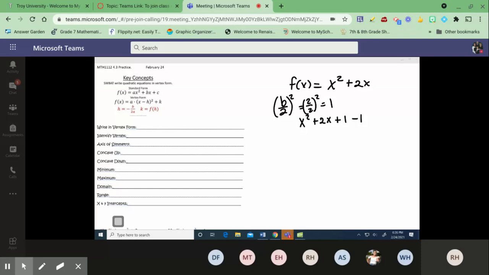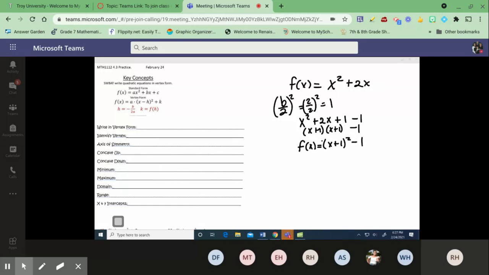Now what can I multiply that will get me a 1 and add to get me a 2? And I still have that minus 1. So here's my vertex form: f of x equals (x plus 1) squared minus 1.